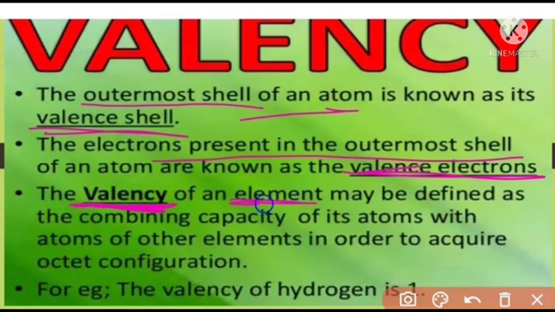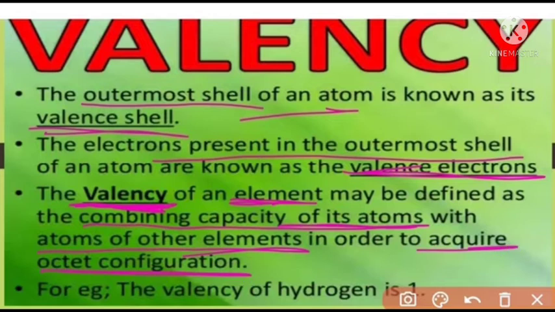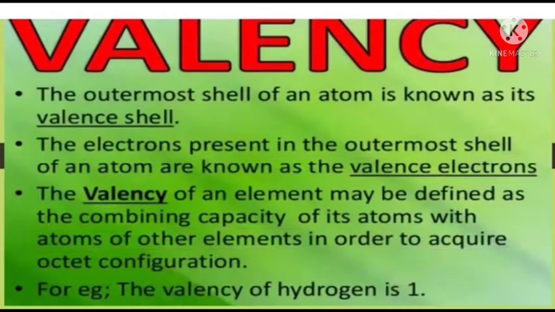Valency of an element may be defined as the combining capacity of its atom with the atom of another element in order to acquire octet configuration.